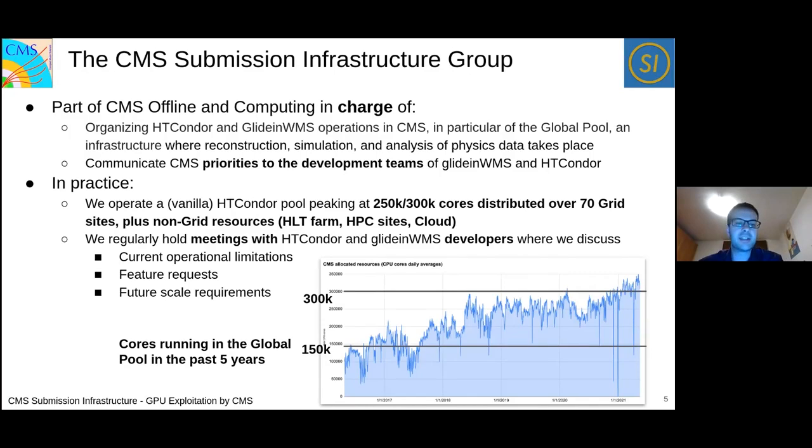And as you can see, the number of cores adopted in the global pool has been constantly increasing in the past 5 years, and we expect this to increase even more in the next years.